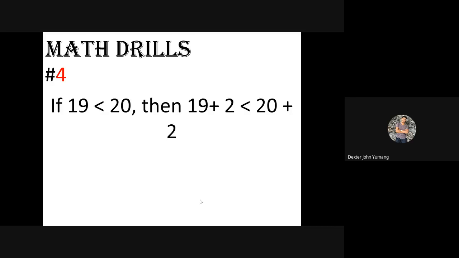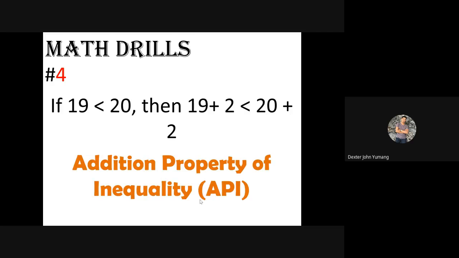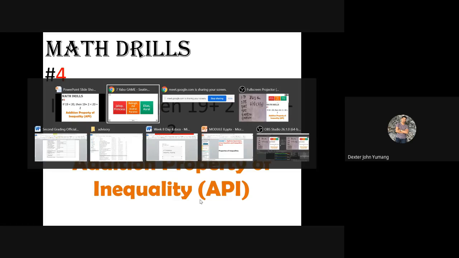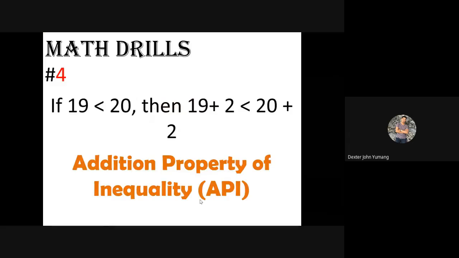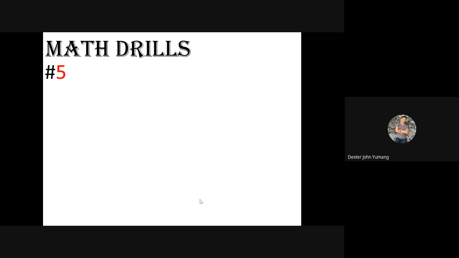Okay, magkaiba sila ng sagot. May sagot na sila. Okay, the answer here is API. Tama po, Astral. You are correct. So, send us your score with 20 over 20. Okay. Sa mga hindi pa po natatawag, this is your question. So, kung hindi pa kayo natawag, hindi pa kayo na-mention ng pangalan, so this is your question. So, number 5.